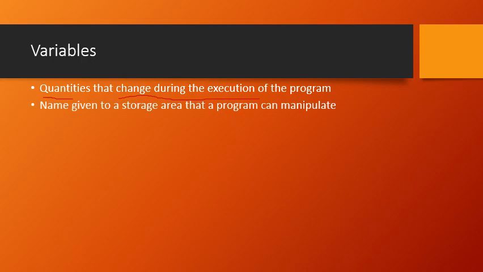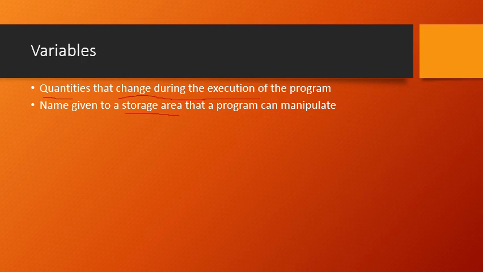In other terms, variables are certain names which are given to the storage area. Whenever a program is executed, data has to be stored in the memory, right? That memory has to be accessed by certain names.